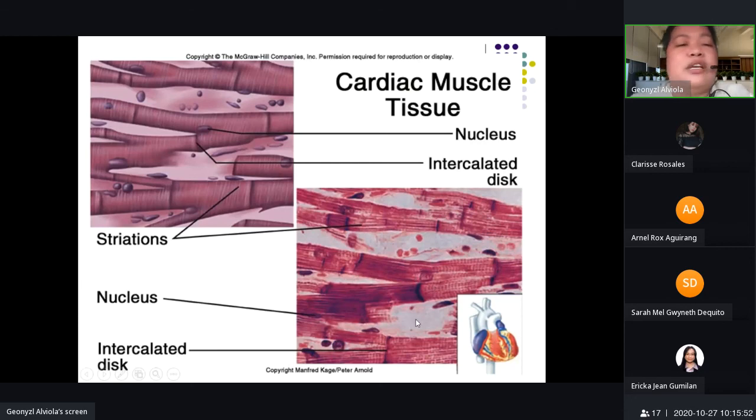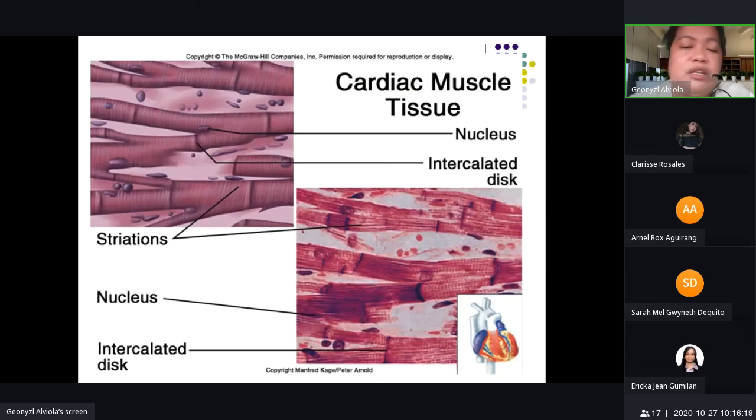Okay, next, blunt end like the skeletal. And in terms of arrangement, it is striated also. Okay, movement. Moderate ang contraction. Resistance to fatigue, it is also moderate.